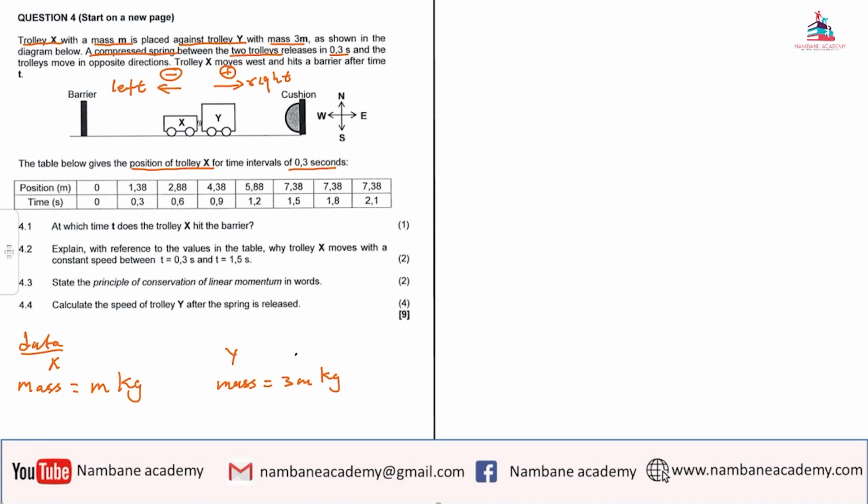Now one should be asking themselves, how many objects do we have? Ladies and gentlemen, it is clear we have two objects. And once we have two objects, we are expected to apply conservation of linear momentum.